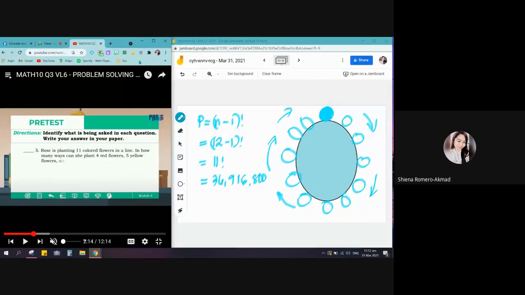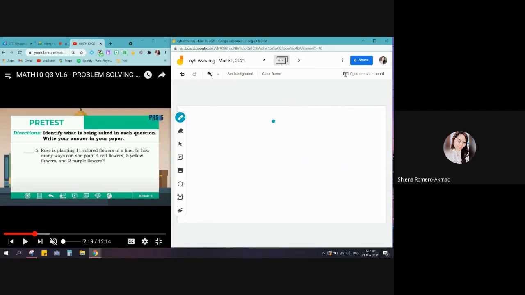Rose is planting 11 colored flowers in a line. In how many ways can she plant 4 red flowers, 5 yellow flowers and 2 purple flowers? So dahil pare-pareho yung flowers, nag-iba-iba lang ng kulay, we are pertaining to situations kung saan merong bagay na pare-pareho.